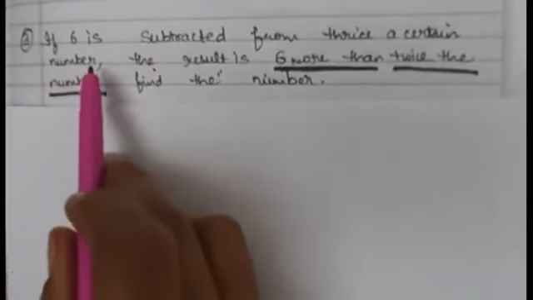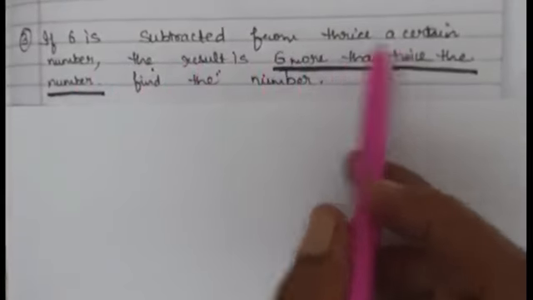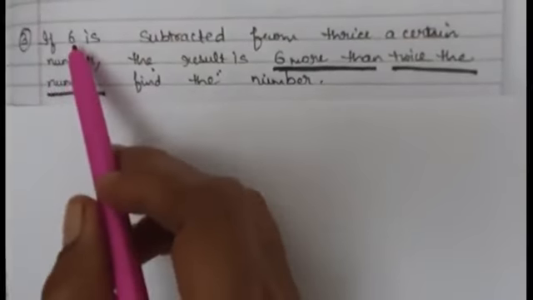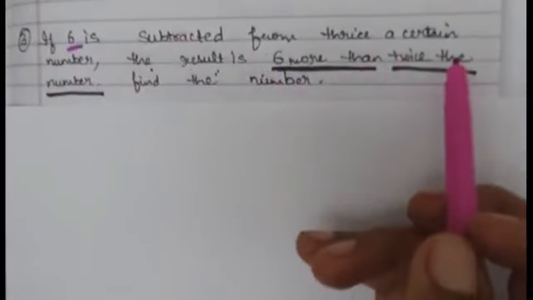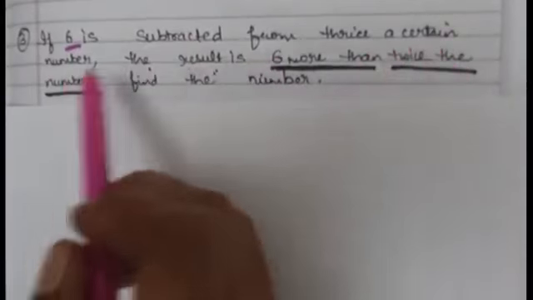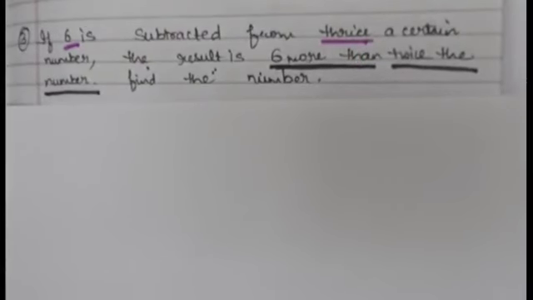Next question is, if 6 is subtracted from thrice a certain number. Now students, what they are saying, we are subtracting 6 not from a number but from thrice a number. It means first of all we will thrice a number.